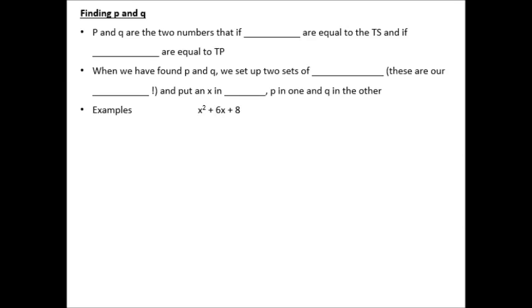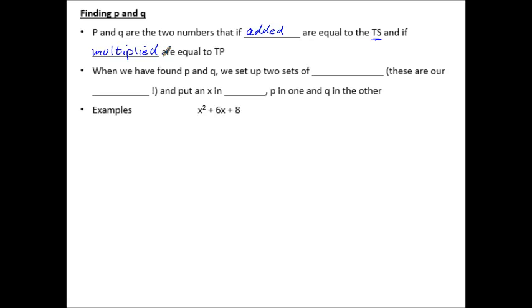Once we have checked for greatest common factor, we can now go ahead and find our target sum and our target product, and also P and Q. And as we said, P and Q are the two numbers that, if added, are equal to the target sum, and if multiplied, are equal to the target product.